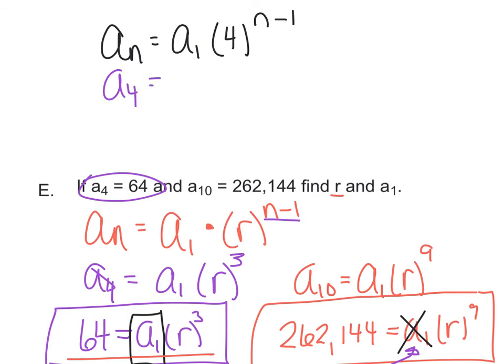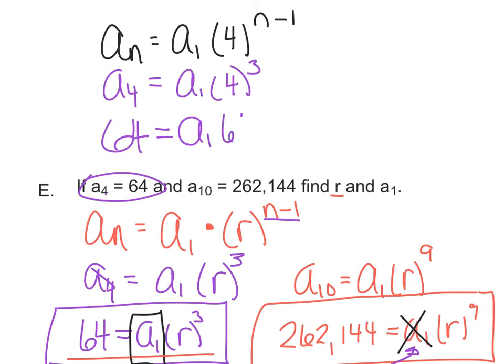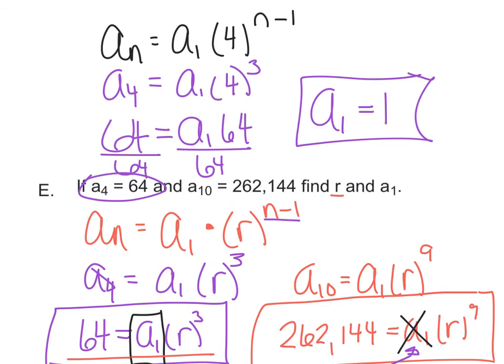So a sub 4 equals a sub 1 times 4, and if I plug in a 4 for my n, I get 4 cubed. So 64 equals a sub 1 times 64. Therefore, divide all of that out, and a sub 1, our first term, is actually just the number 1.